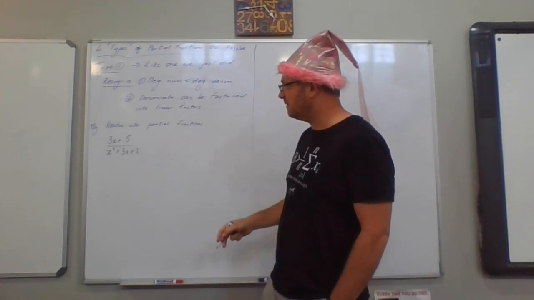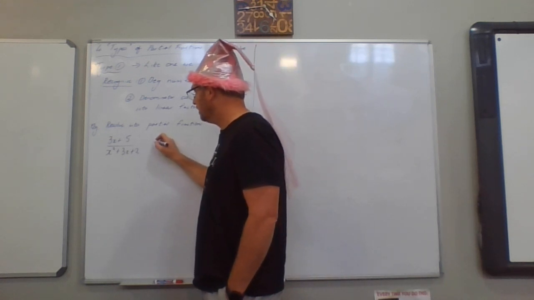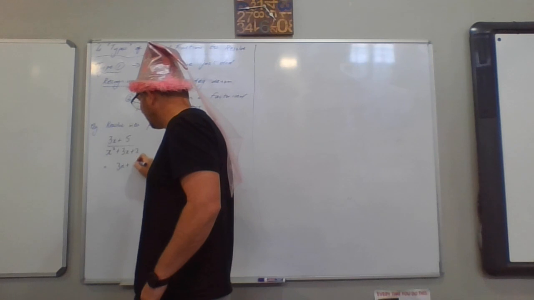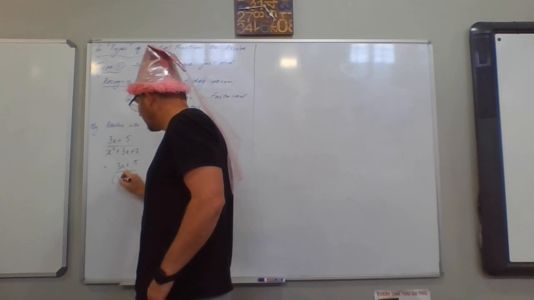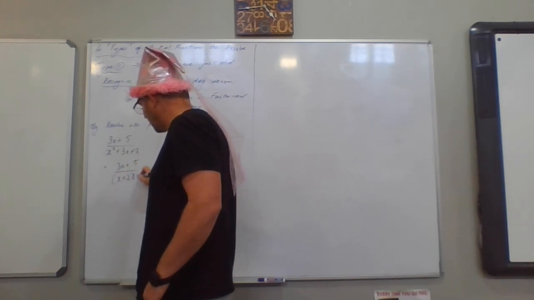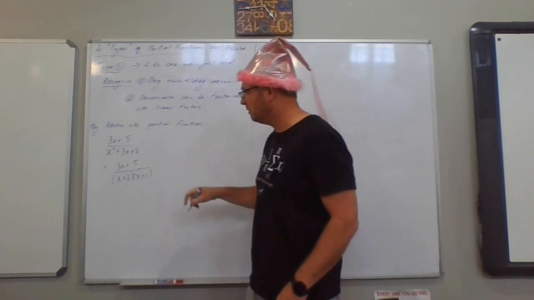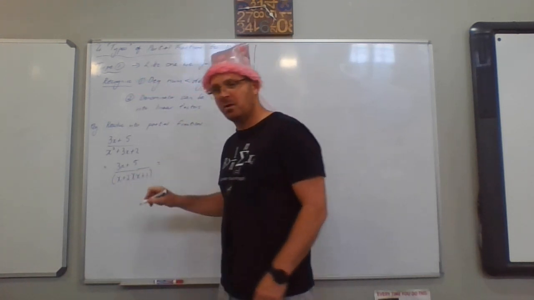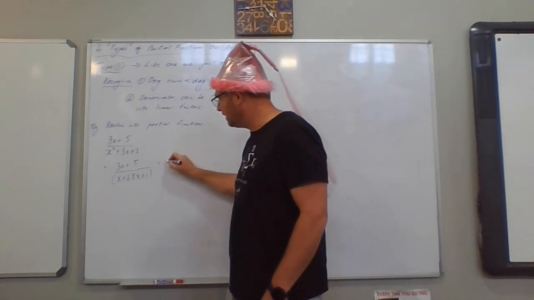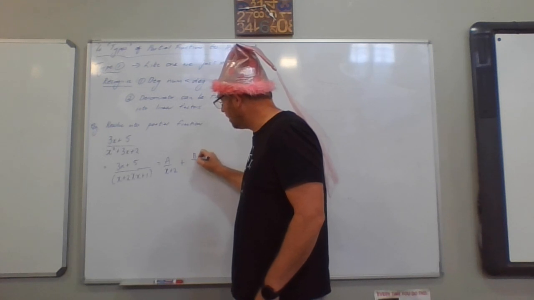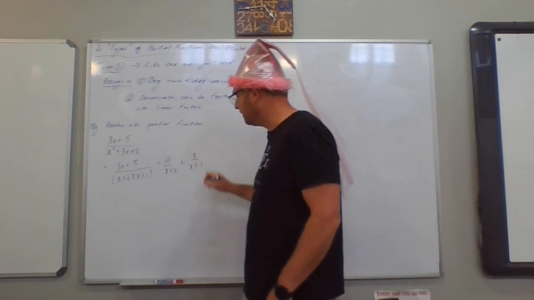So 3x plus 5 over x squared plus 3x plus 2 can be written as 3x plus 5 over x plus 2 times x plus 1. Be careful with your factorizing. Multiply it out in your head and you get x squared plus 3x plus 2. So we want to write that as a sum. It can be written as a over x plus 2 plus b over x plus 1.